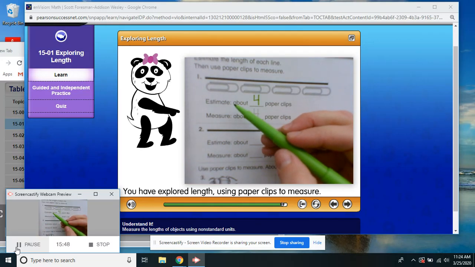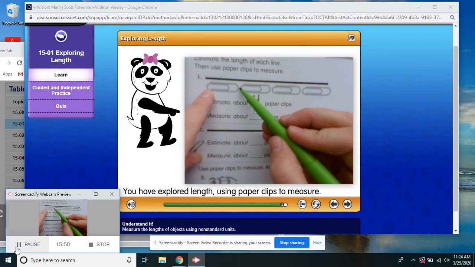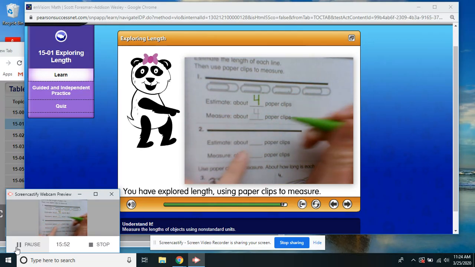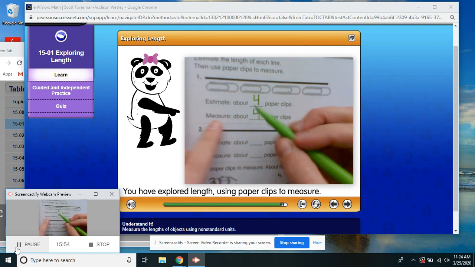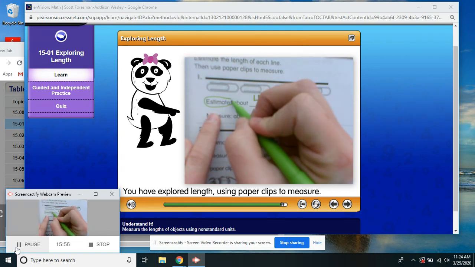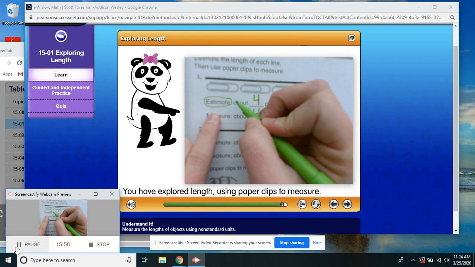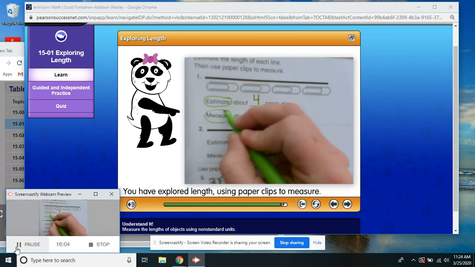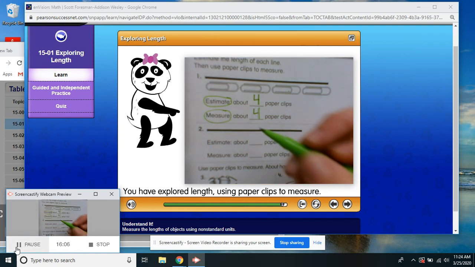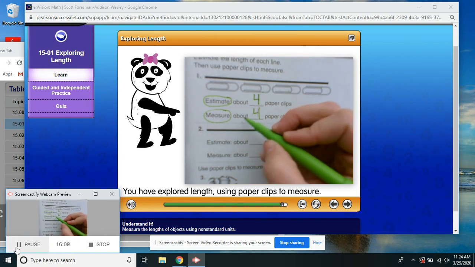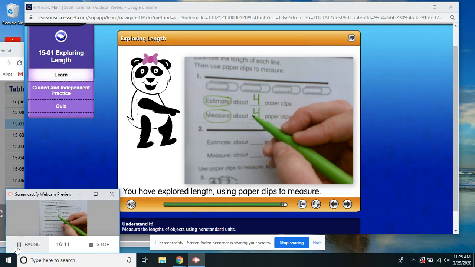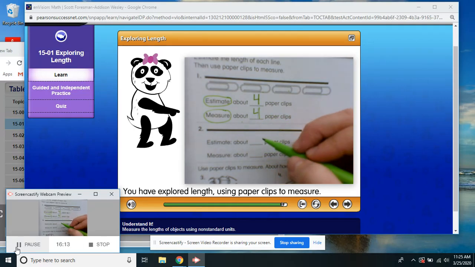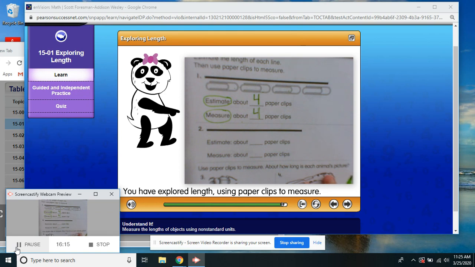So if we were to actually measure this, 1, 2, 3, 4. I see 4. So to remember, an estimate is a guess. To measure something, you are going to accurately measure it with the appropriate tool. In this case, we're using paper clips.